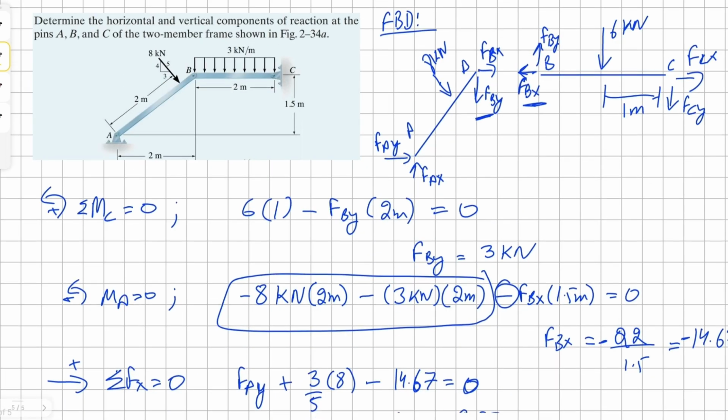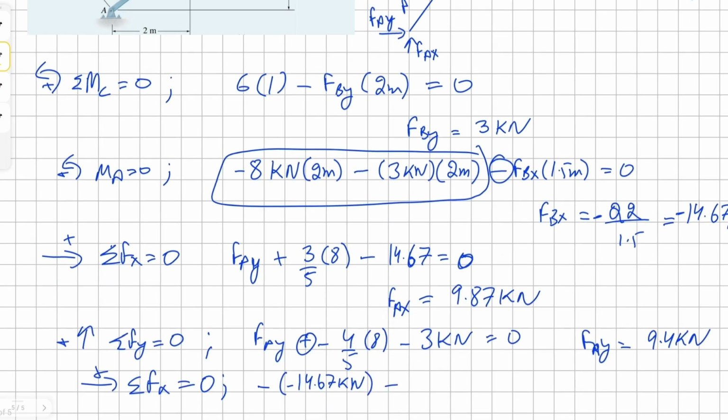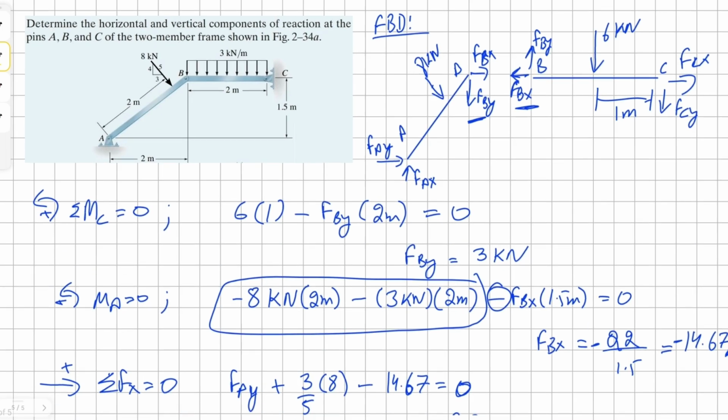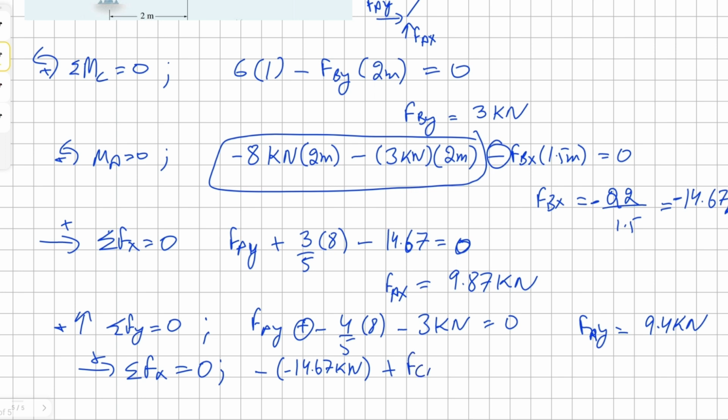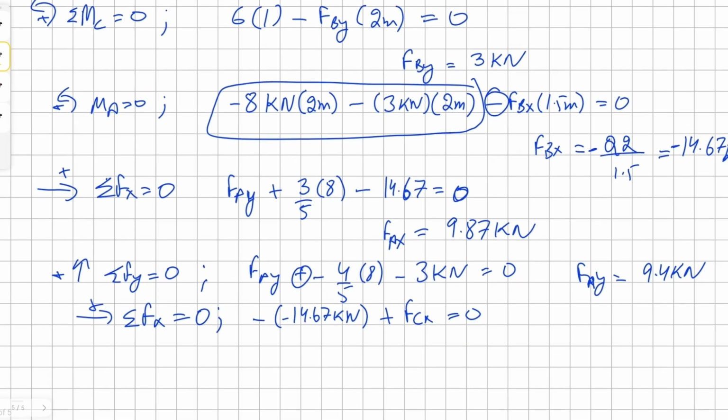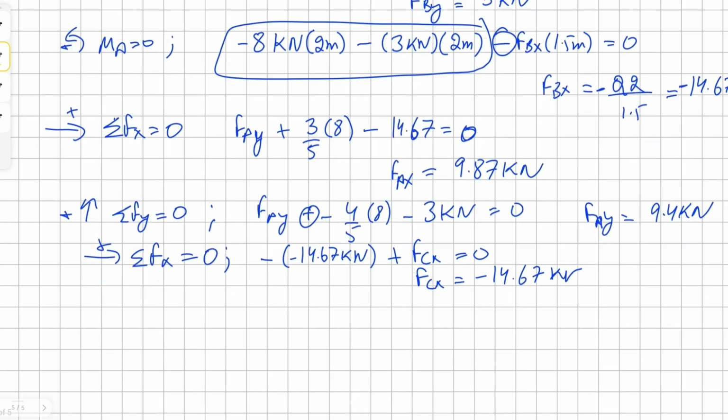Okay, and then we have our positive force Cx equals 0. And force Cx is equal to negative 14.67 kilonewton.